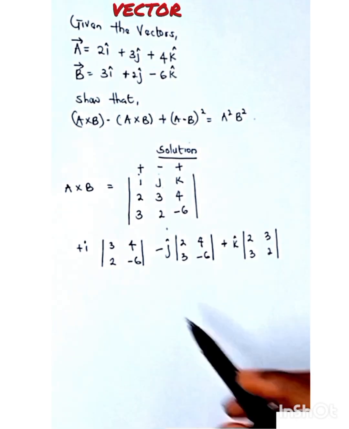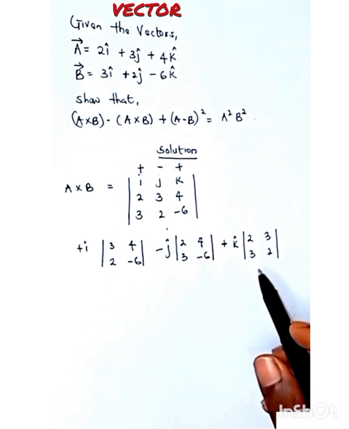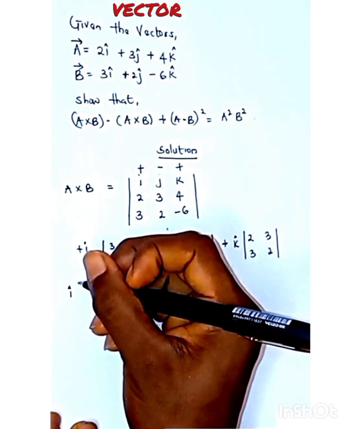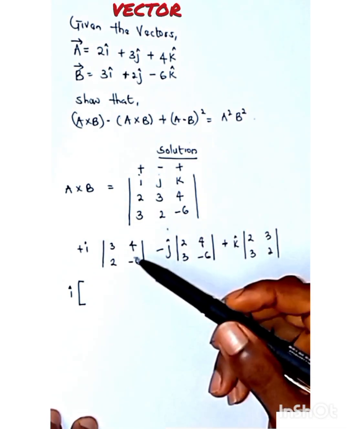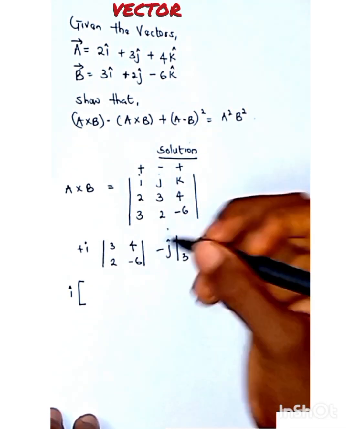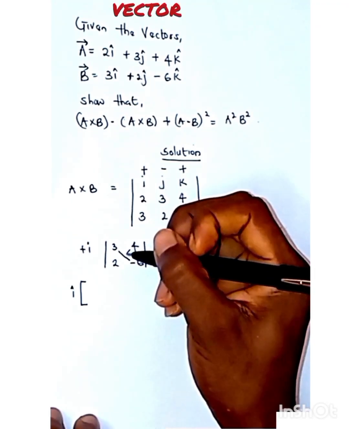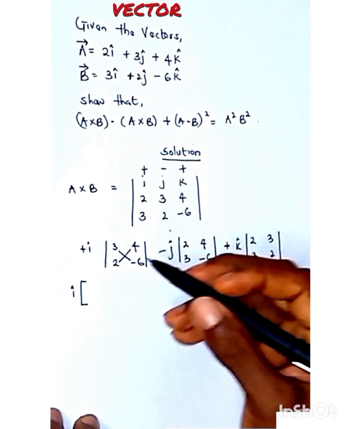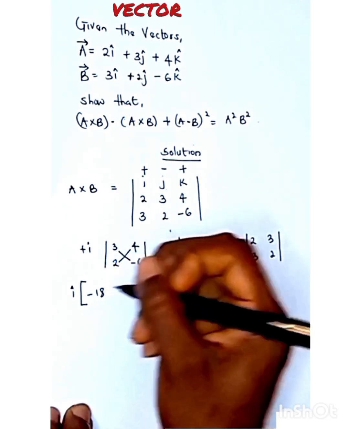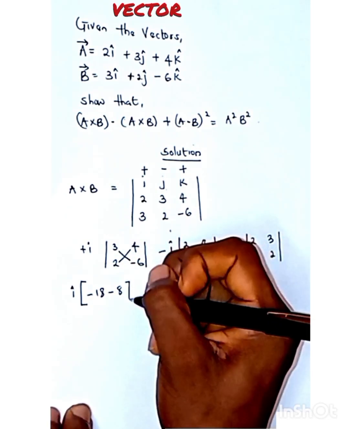Now we take the determinant. Taking the determinant, we have i times the determinant, which is 3 times minus 6 minus 2 times 4, which is minus 18 minus 8.